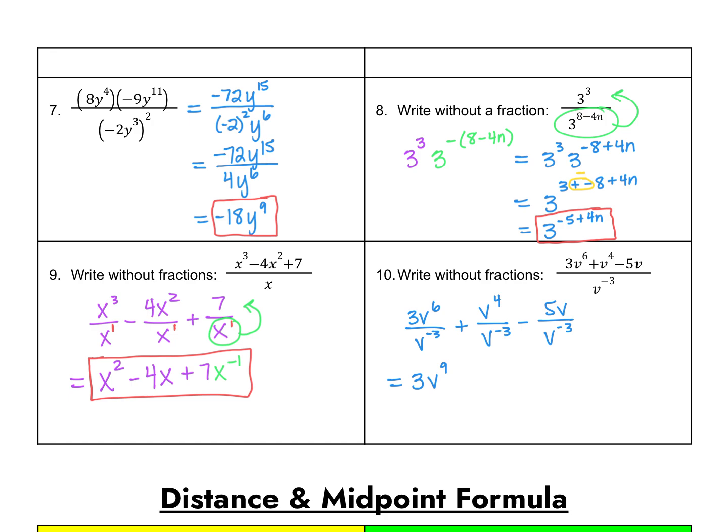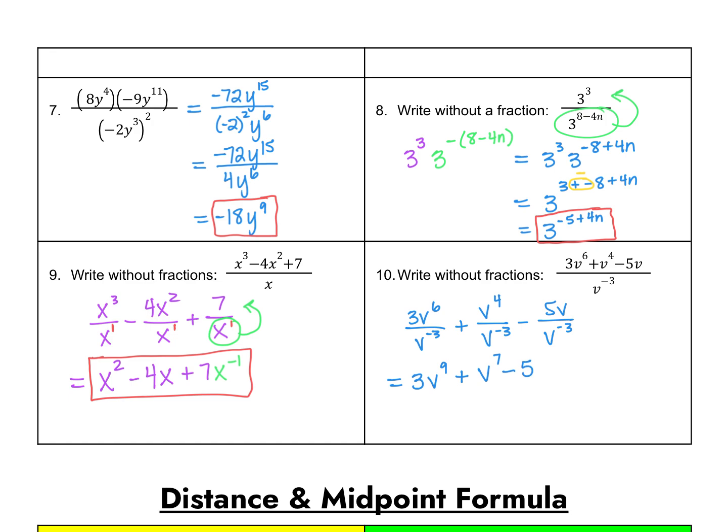All right. And next, we have v to the power of 4 divided by v to the power of -3. Keep the v, and you need to subtract the exponents. So that is going to be 4 minus -3, which is 4 plus 3, which is 7. And then last but not least, we have negative 5v divided by v to the power of -3. So v to the power of 1, and we're going to keep the 5.